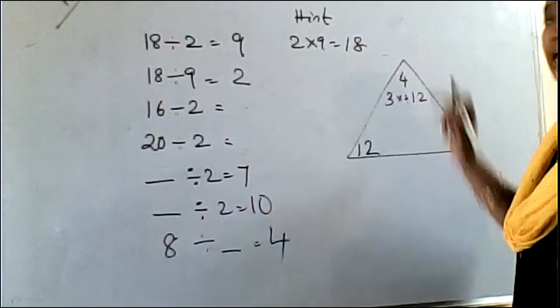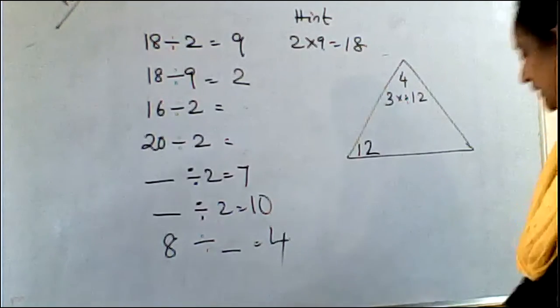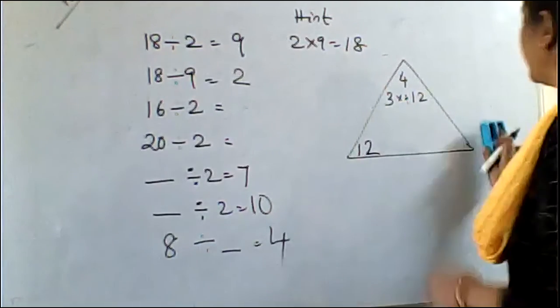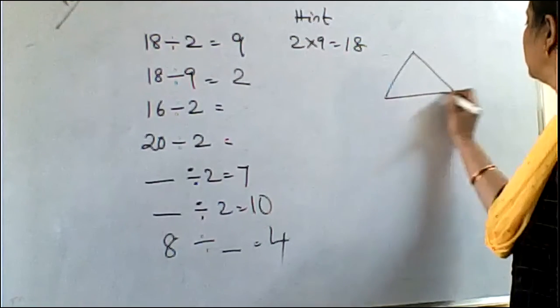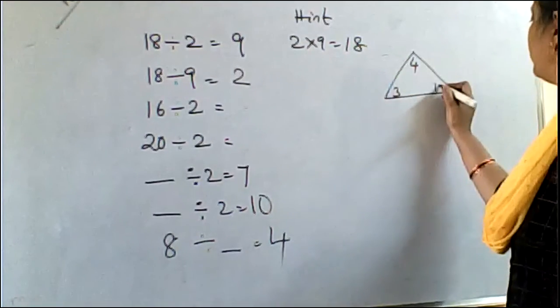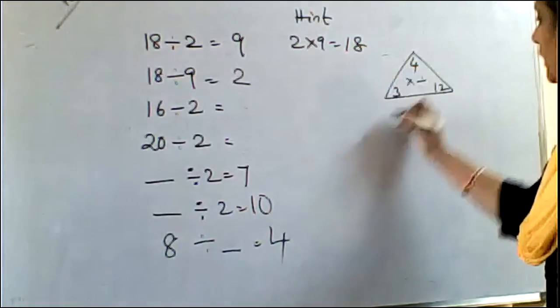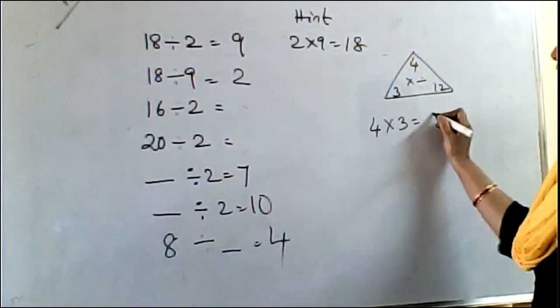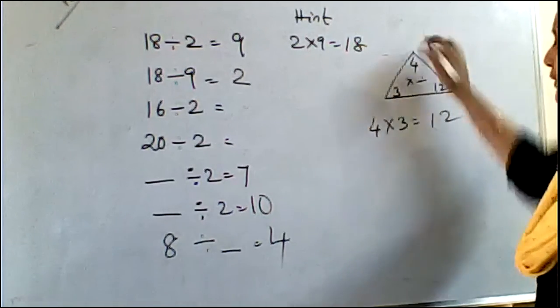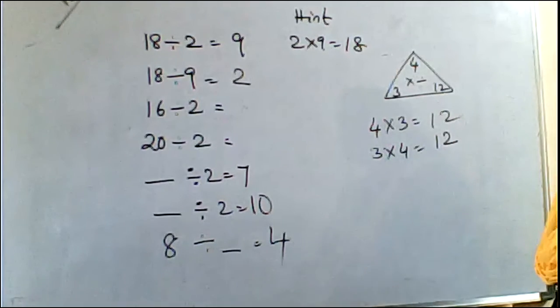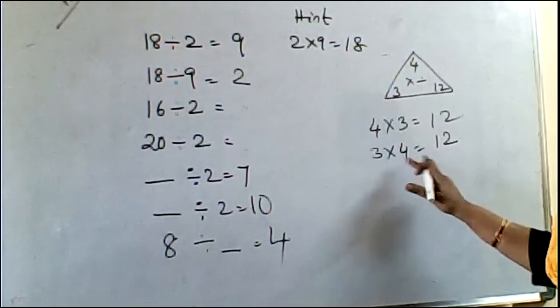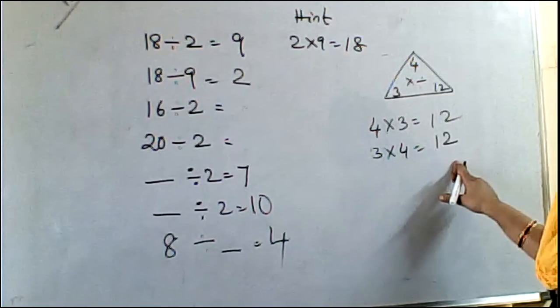So 3 into 4 also, you will get 12. If the numbers are interchanged also, the product is the same.